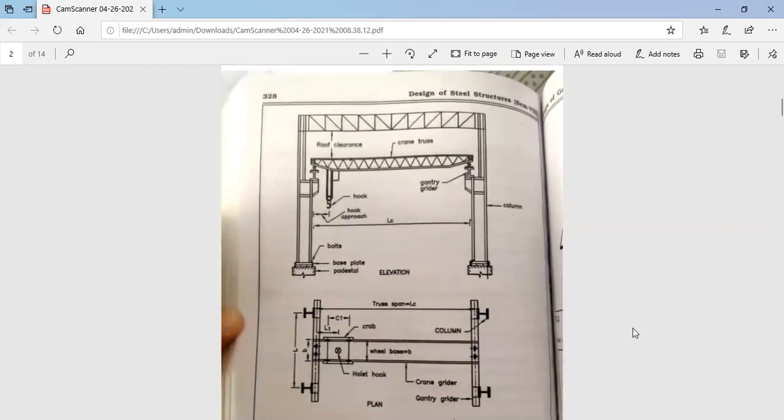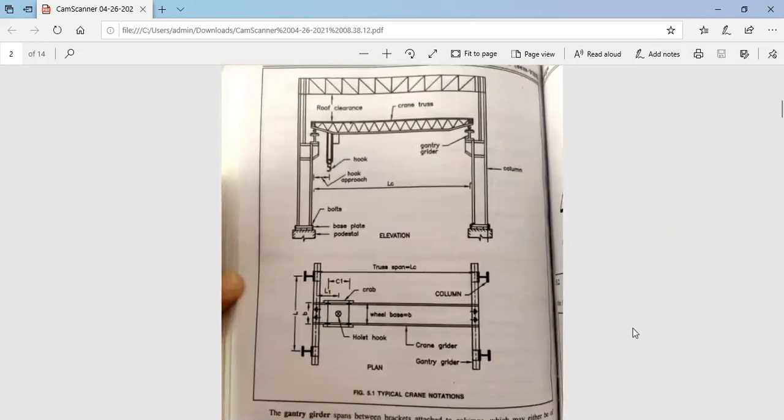So these are the typical crane notations here, where roof clearance is provided, crane truss, hook approach, bolts, base plate, pedestals, gantry girder, column. Here is the elevation part, and at the bottom the plan is provided.